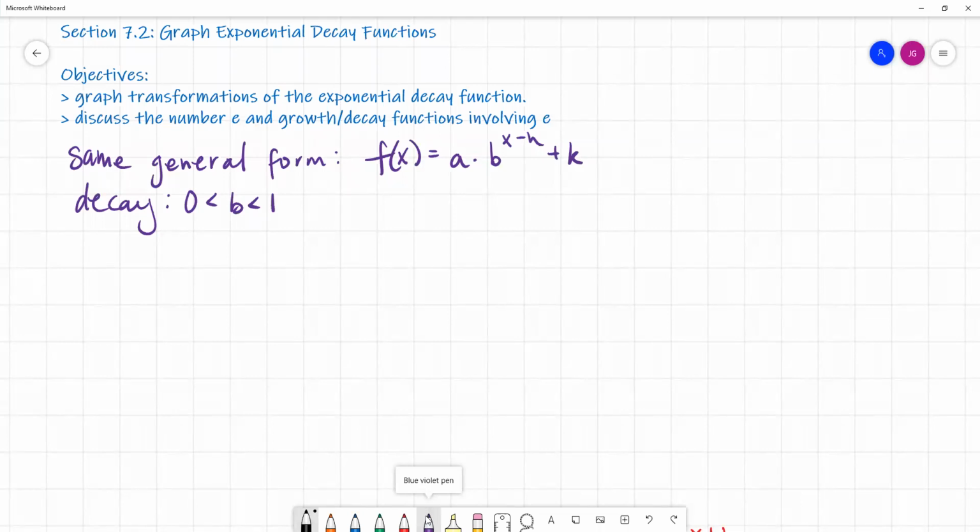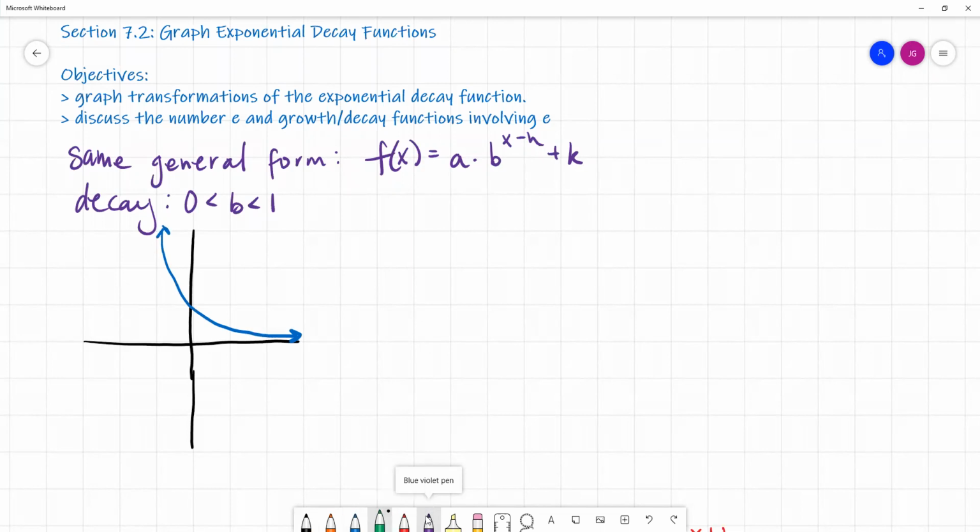And so the graph of a decay function, get a little bigger actually. The decay function typically looks a little bit like this. It starts off huge, but then it gets pretty tiny. So it's like the opposite of our growth function.